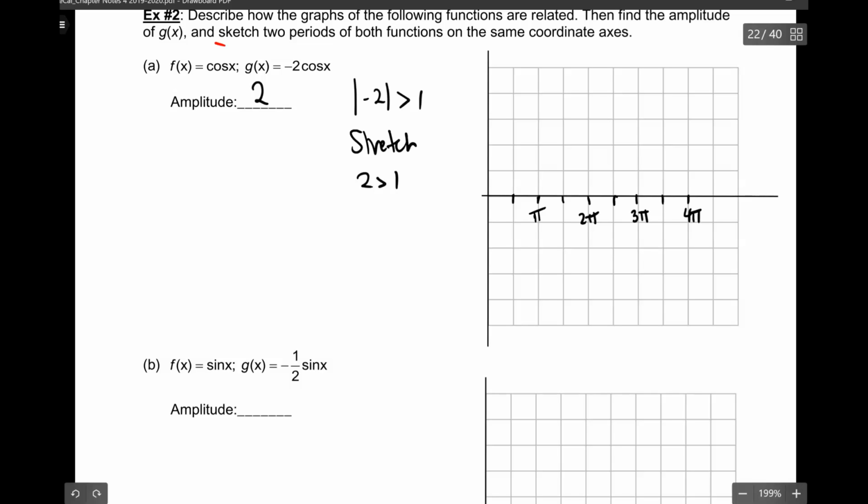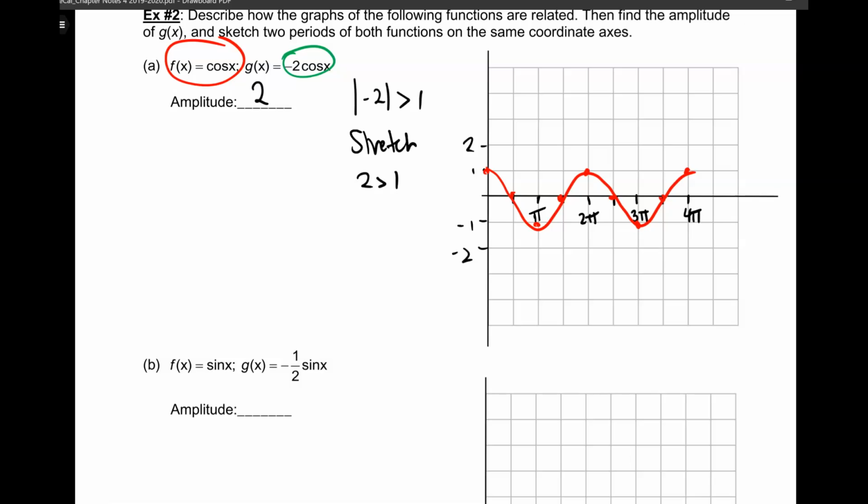All right, so I'm going to write out my cosine again. Cosine starts at a max, 0, min, 0, max, 0, min, 0, max. Perfect. But this time when I graph g of x, it is going to be reflected across the x-axis and stretched out by a factor of 2.